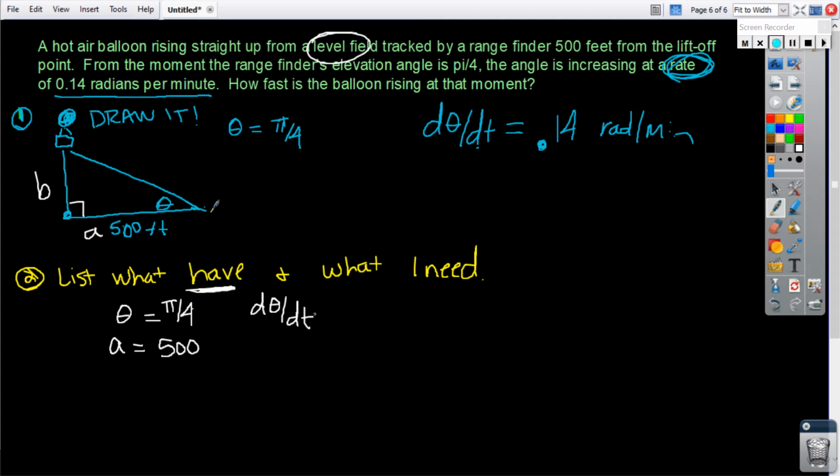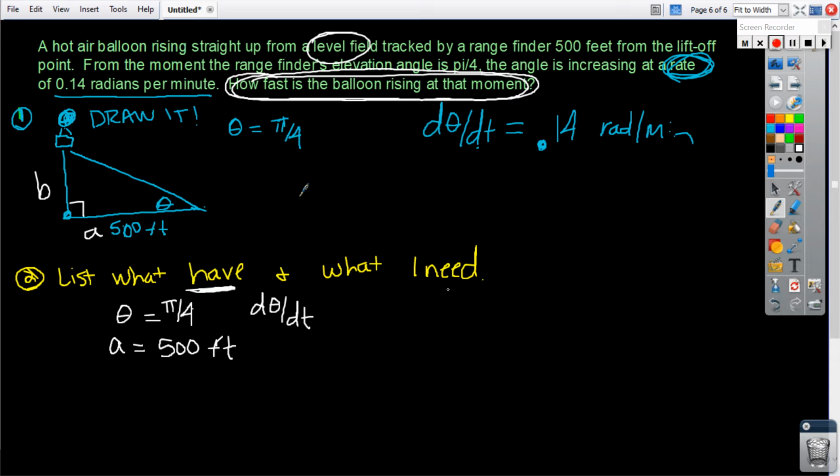So now what do I need? Well, it's asking how fast is the balloon rising. So what is the rate that this height is changing here, in feet per minute? What is the rate that it's rising?